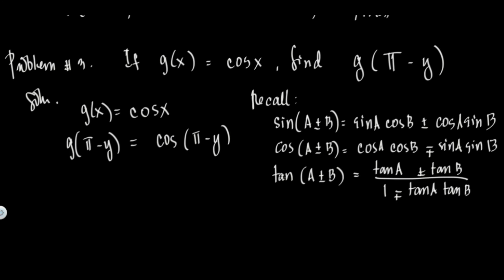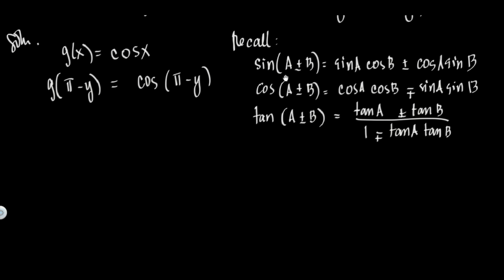So, yan ay tangent A minus B is equal to tangent A minus tangent B all over 1 plus tangent A tangent B kung negative. Okay? So, paki-remember this formula again kasi alam ko na-memorize nyo na yan before.